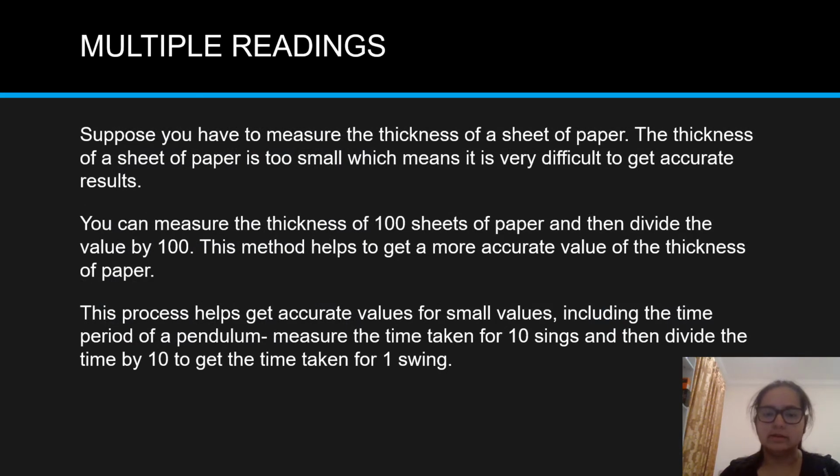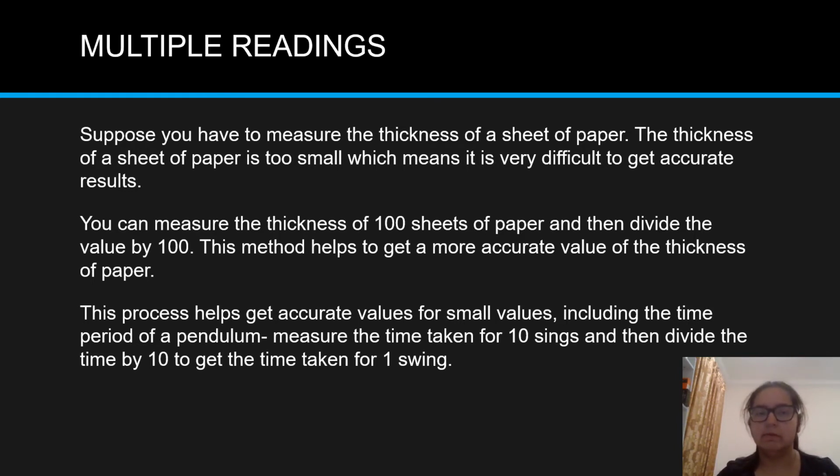Multiple readings. When you have to measure very small quantities, a very small number, it's very difficult to get accurate results. So what you can do is take the measurement for a large number and then divide it.